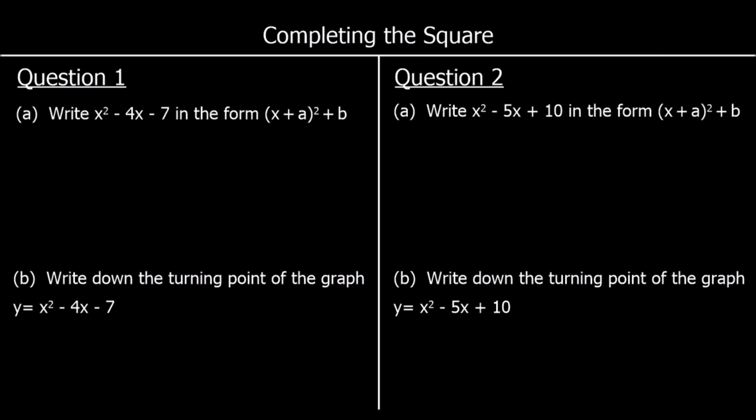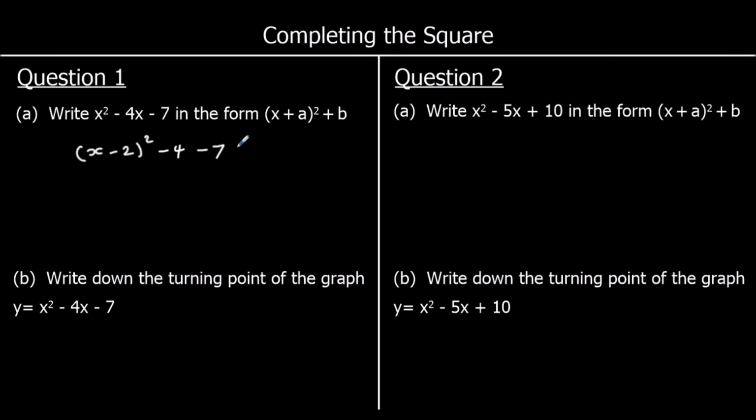Okay, let's finish up. 2 questions. Pause the video, give them a go, and press play when you're ready for the answers. Question 1. So we're going to half our minus 4, which is going to be minus 2. So that will give us (x minus 2) squared. And if we expanded (x minus 2) squared, we'd get x squared minus 4x, which we want, but we'll also get a plus 4, which we don't want, so we'll take away 4, take away the 2 squared, and then we've still got the minus 7 on the end.